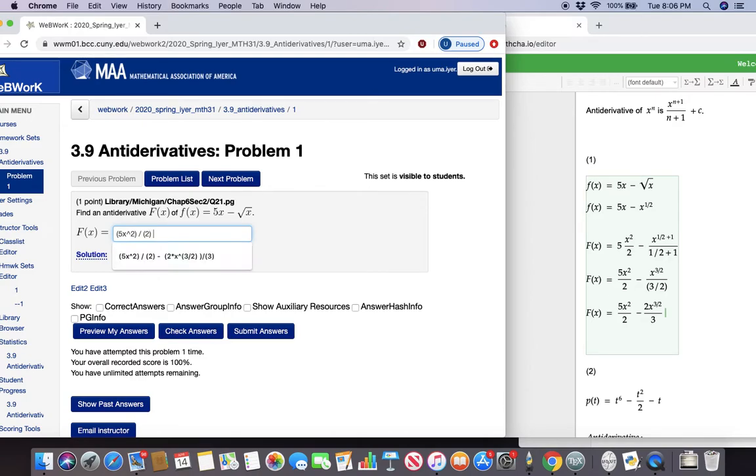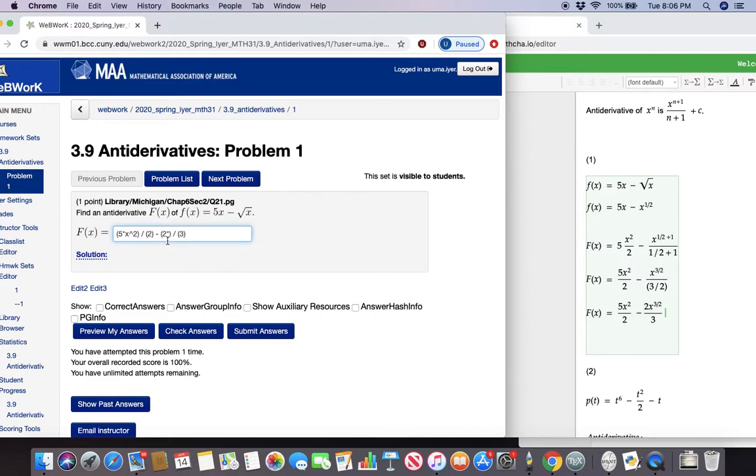Now minus, I have another fraction, so something over something. The denominator is easy, so I'll put in a 3, and the numerator is 2 times, whoops, I forgot to put a times here. It doesn't matter, but it's safer to put it.